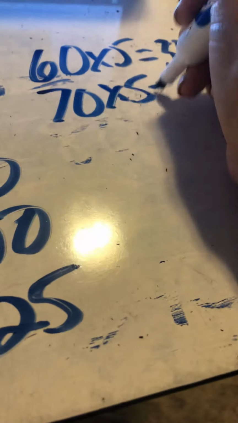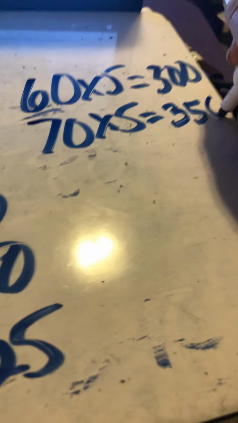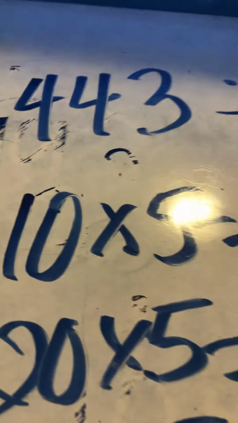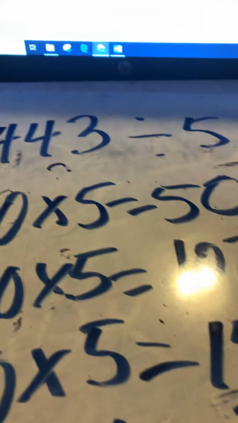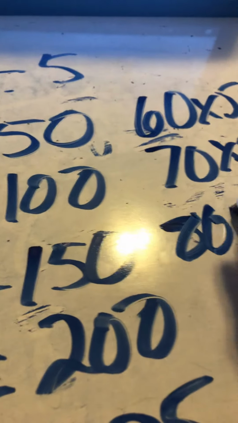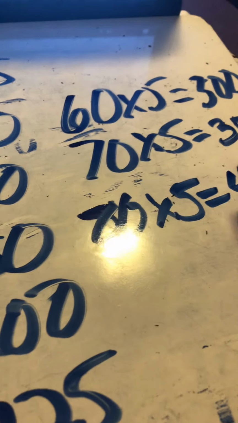So it goes 5, 10, 15, 20, 25, 30. What comes after that? Well, 70 times 5 is going to be 350. We're close to 443. I wonder if you guys can guess what that answer is going to be soon, which one we fall in between. Okay, 80 times 5 is going to be 400.